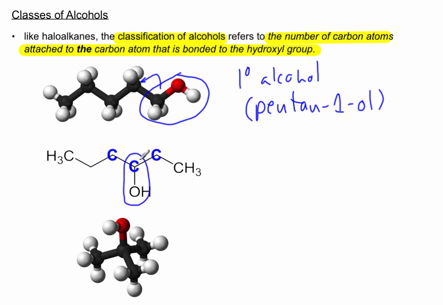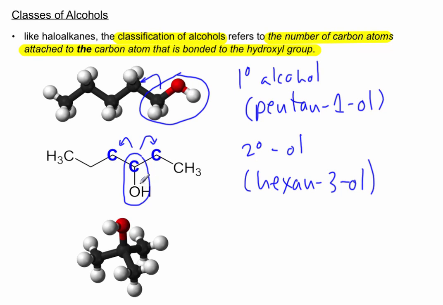So the functional group is on carbon 3, and that carbon is bonded to 2 other carbons, so that's a secondary alcohol. We have 1, 2, 3, 4, 5, 6 carbons, so that's hexan-3-ol, because the OH group is bonded to carbon 3.